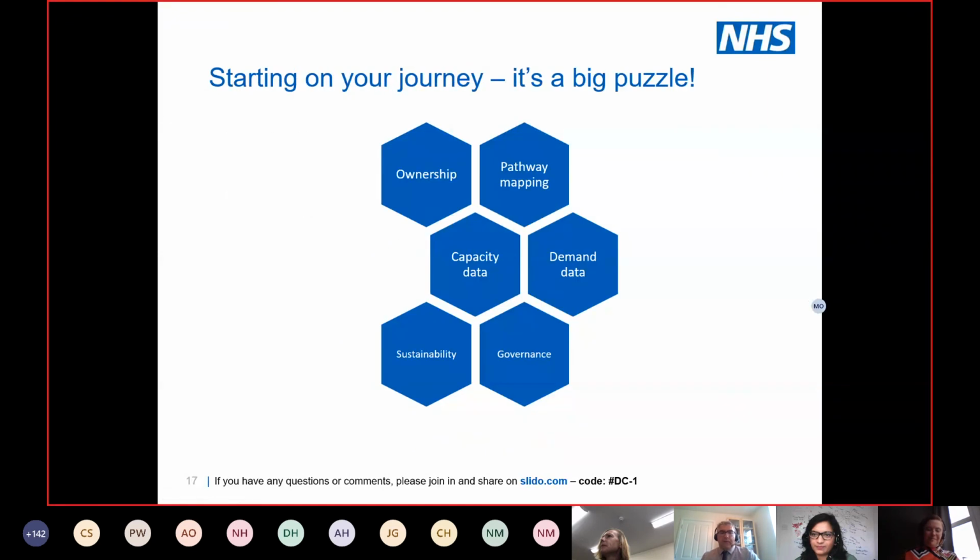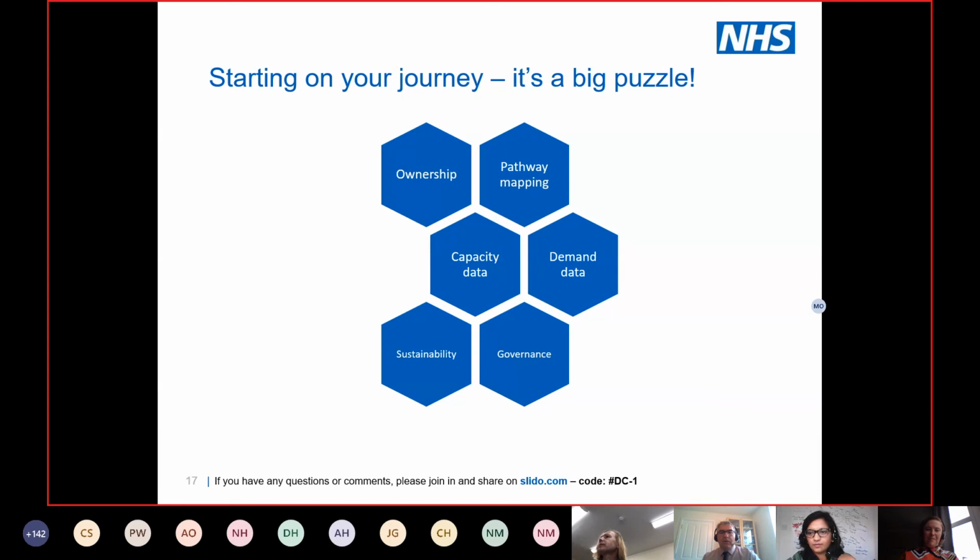So we're starting on our journey. One way that we've visualized that is to think of it as a big puzzle. There are a number of key component parts, and we've picked on 6 of them here that we think play a really fundamental role in terms of developing your demand and capacity process and models.